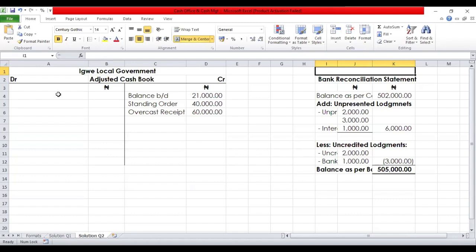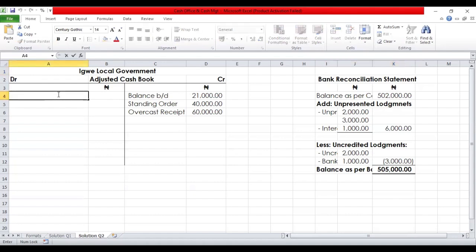Then they will move it away from where they have entered it, where they have credited it, and move it to the account that it's supposed to go to. They will debit this cash book account, and the second leg goes to fixed deposit account. We now put it here. Fixed deposit.